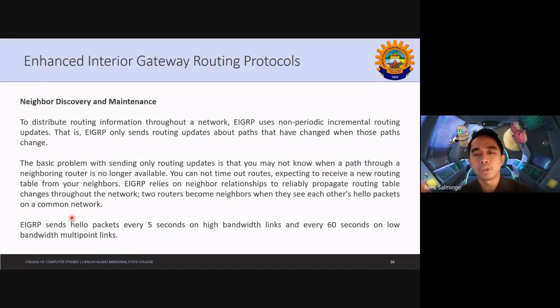Two routers become neighbors when they see each other's hello packets on a common network, and EIGRP sends hello packets every 5 seconds on high bandwidth links and every 60 seconds on low bandwidth multi-point links.